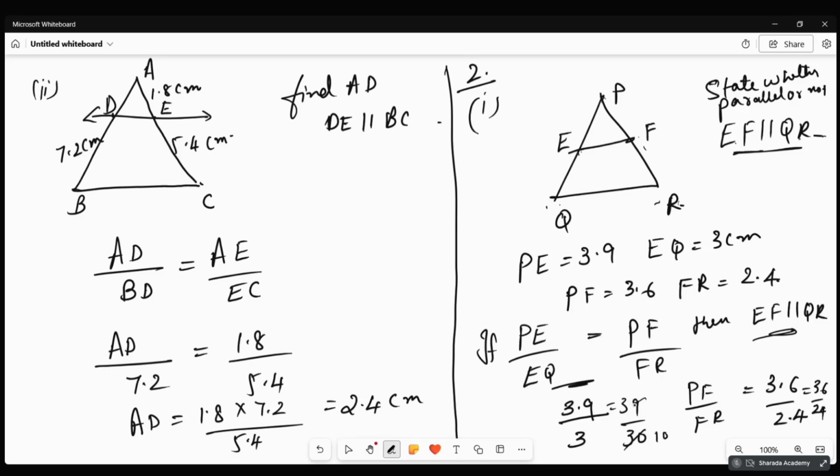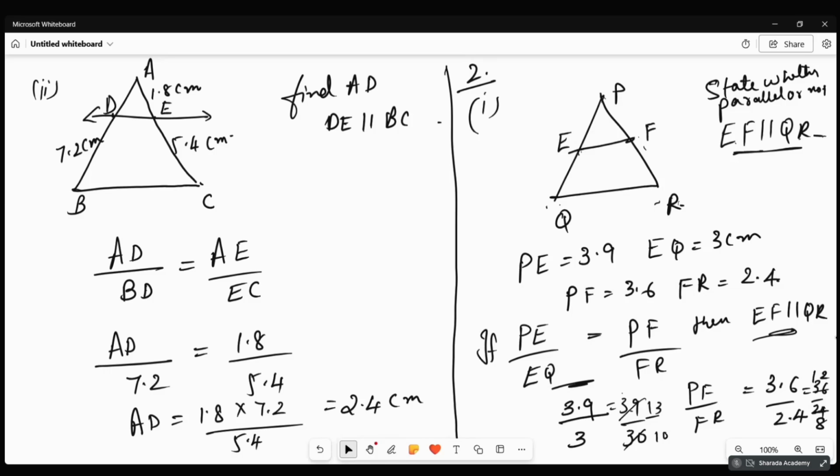This is 10. This is 13. 13 by 10. Here also, I can divide by 3. 12 by 8. So 13 by 10 is not equal to 12 by 8. So it is not parallel. So by this, what I can say, PE by EQ is not equal to PF by FR. So EF not parallel to QR.